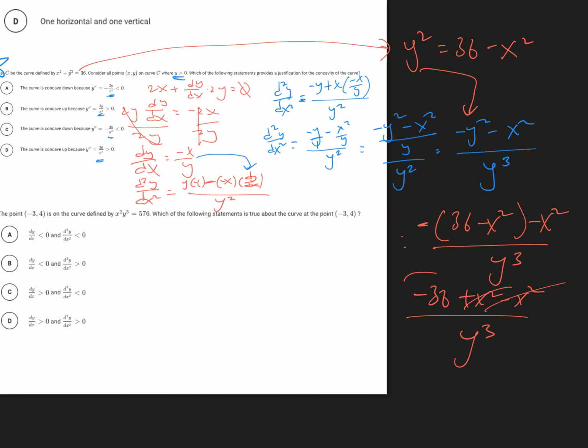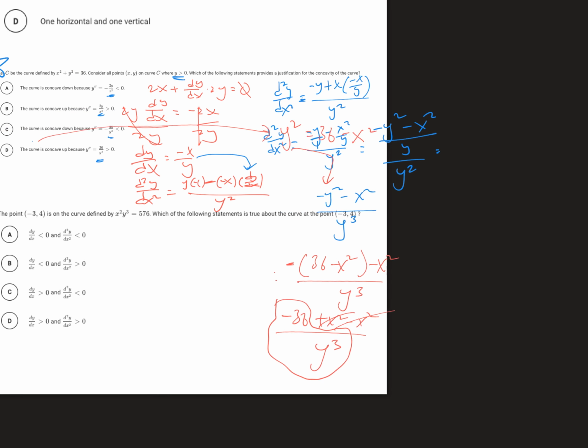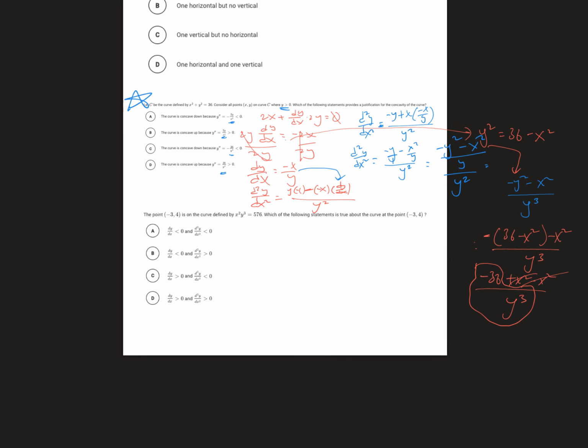And now this is an alternative form of our second derivative, right? So now that helps us narrow down our choice to either C or D. C or D, okay? Because that's where our second derivative is.